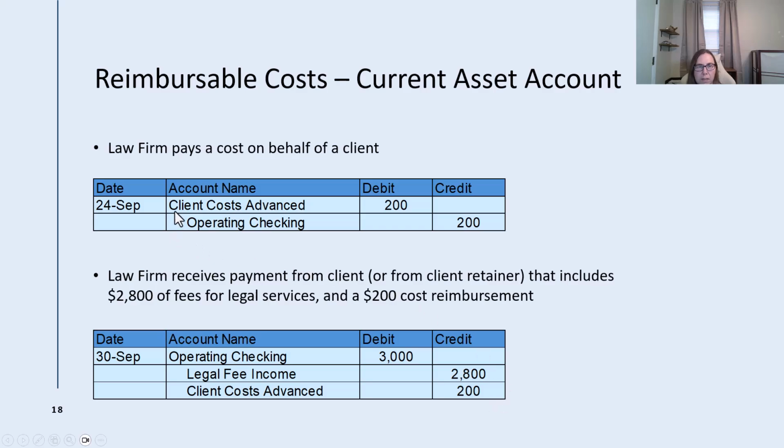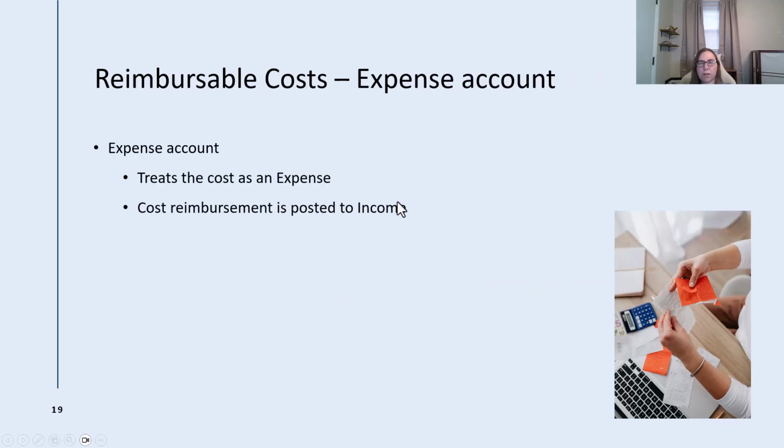The debit of client cost advance up here of $200 would be offset with this credit once the client pays. So the debit and credit would zero each other out in that account, and it would be a zero net effect.